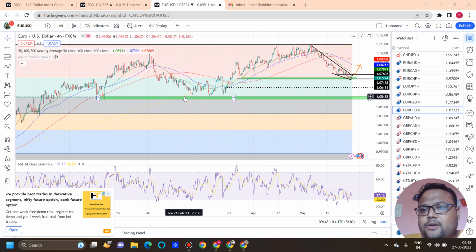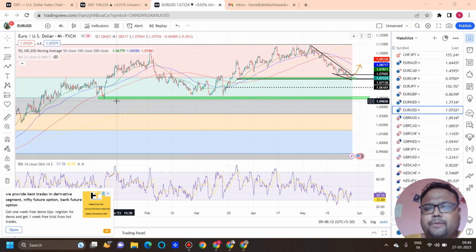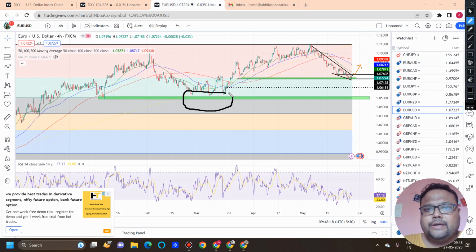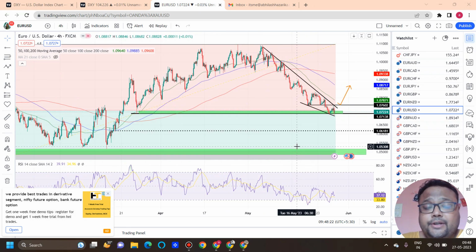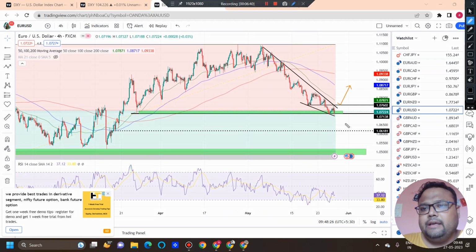The next immediate support is around 1.0518 or 1.0520 to 1.0500. But this support is quite far away, so this level is not important for us right now as day traders. But yes, further downside is very much possible, and if the market breaks this level here, we can definitely look for a sell position.